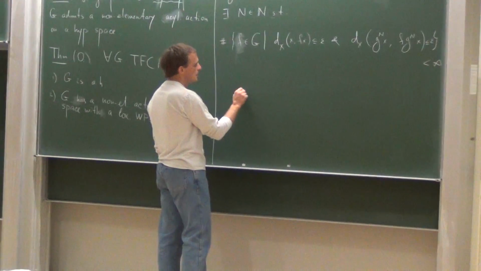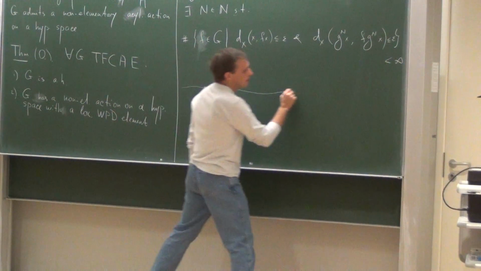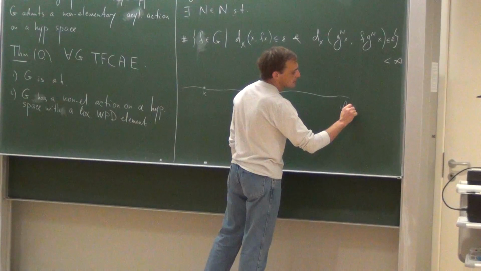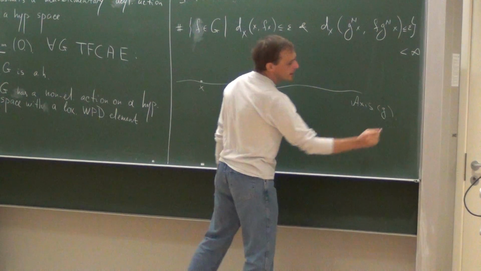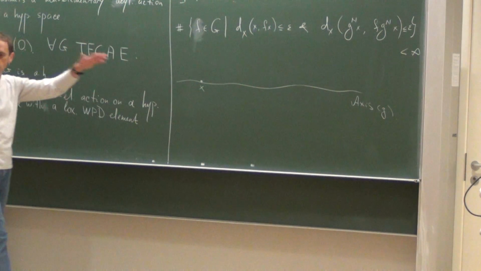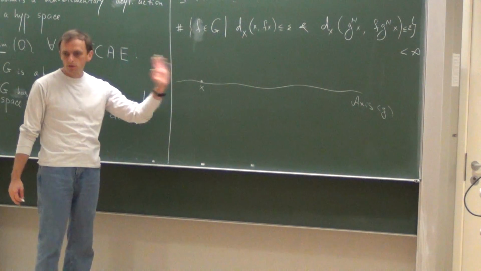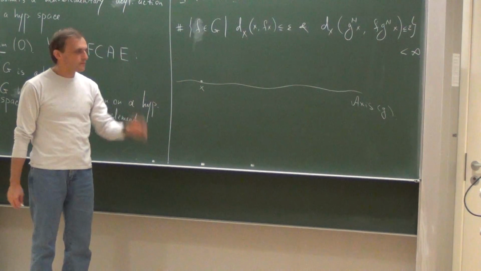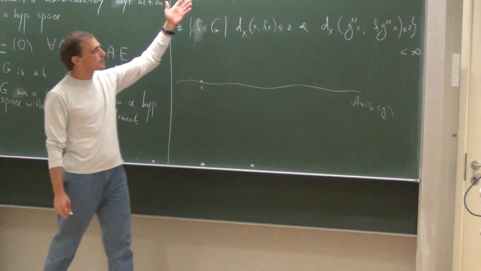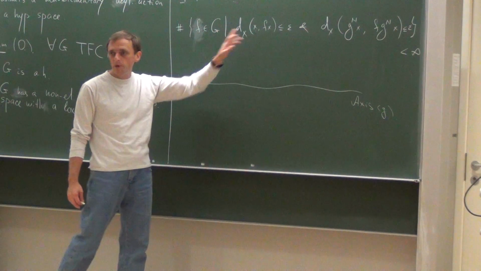So the picture is this. You have x here, and here is the axis of g. Let's think for simplicity that g fixes some line and acts as a translation of that line, and x belongs to that line. Without loss of generality, we can assume this because this definition is independent of the choice of the base point.